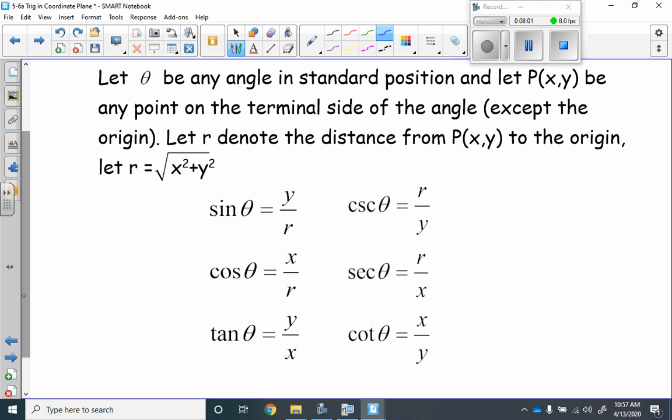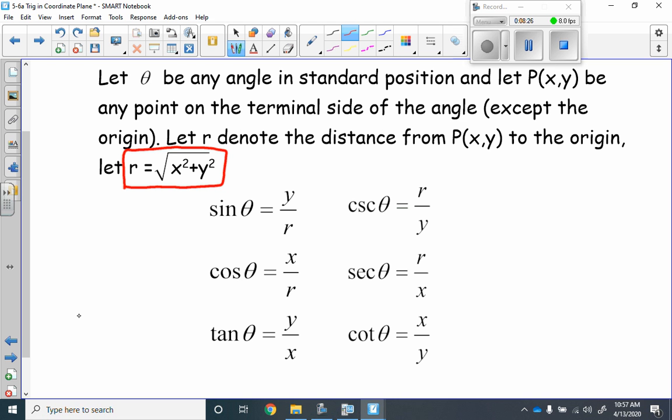The reason why I'm using that r is really think of it as being the radius. You are rotating a point around the origin, which really means you are making a circle. So we are going to let r be your hypotenuse. And here I have r equals the square root of x squared plus y squared. That's your Pythagorean theorem right there.